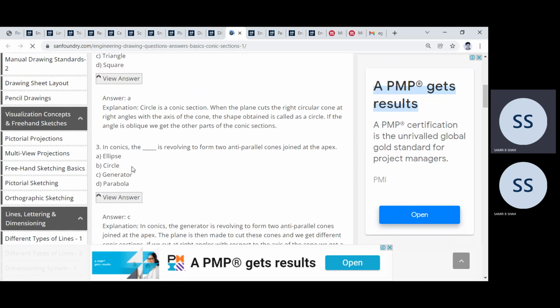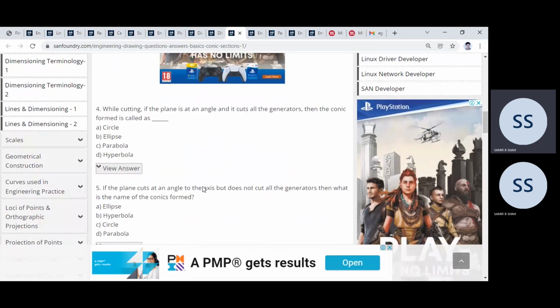In conics, the generator is revolving to form two anti-parallel cones joined at the apex. Okay, you remember the two anti-parallel cones joined at the apex; definitely it will depend on the generator, right?